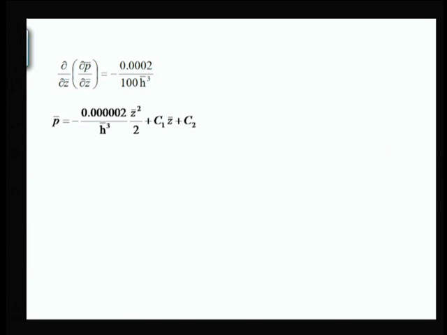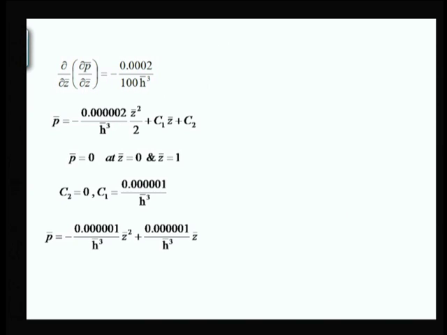So we have 2 integration constants, and we have 2 pressure conditions: P is 0 at z equal to 0, and at z equal to 1. We can substitute these values and get the results. When z bar is 0, pressure is also 0, so naturally C 2 will be 0, as given over here.